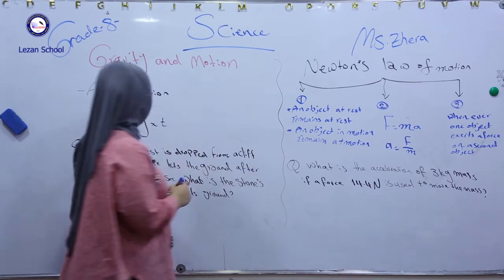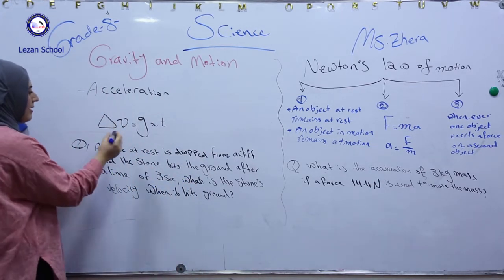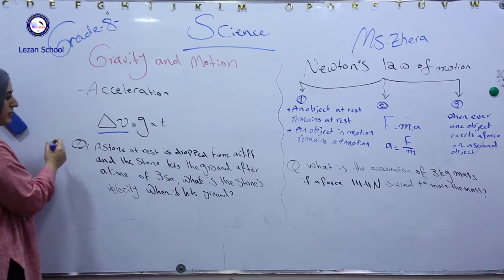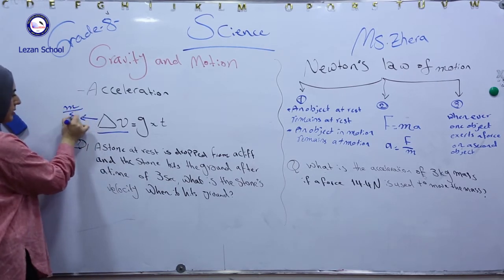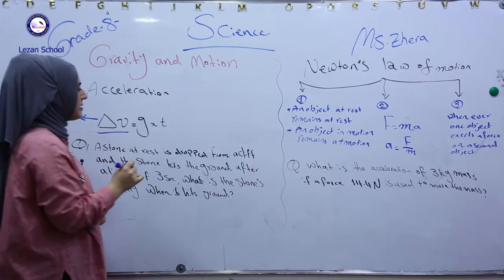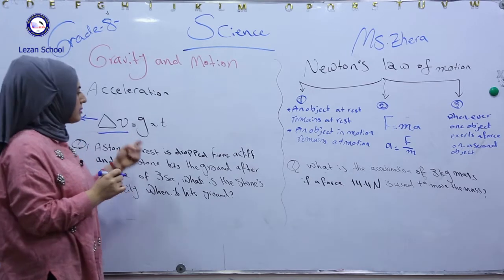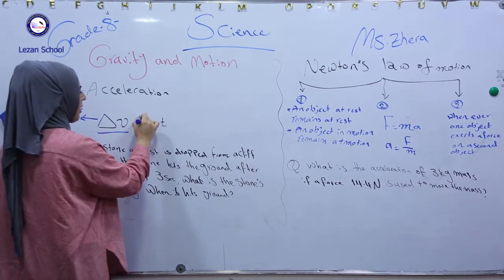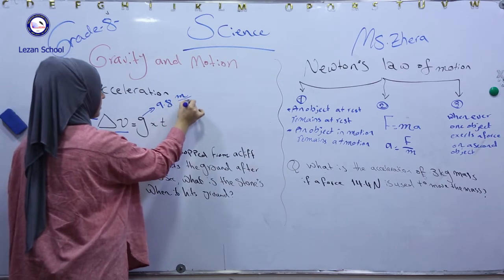We have a rule here. This rule is very important to solve the questions in this chapter. Delta V means the change in velocity, measured in meters per second. G means the acceleration of gravity around us, equal to 9.8 meters per second squared.